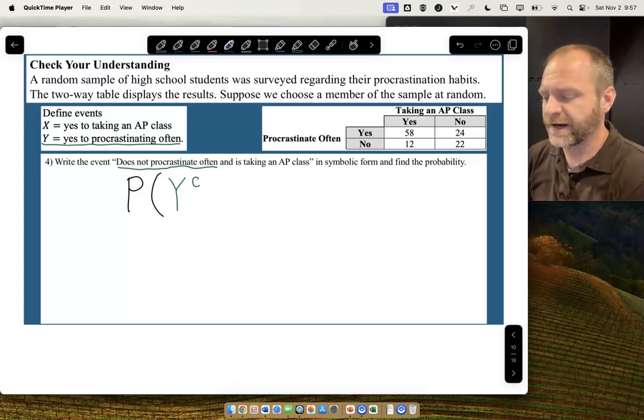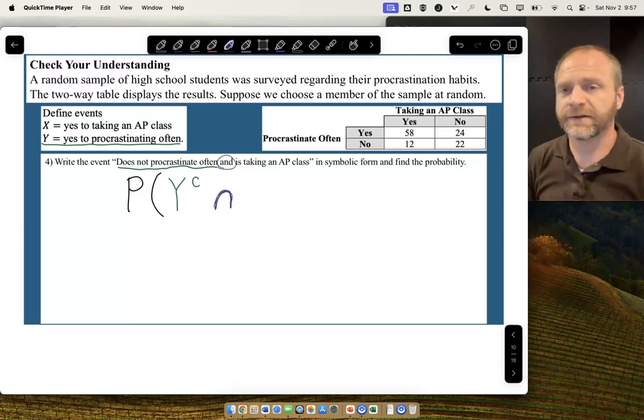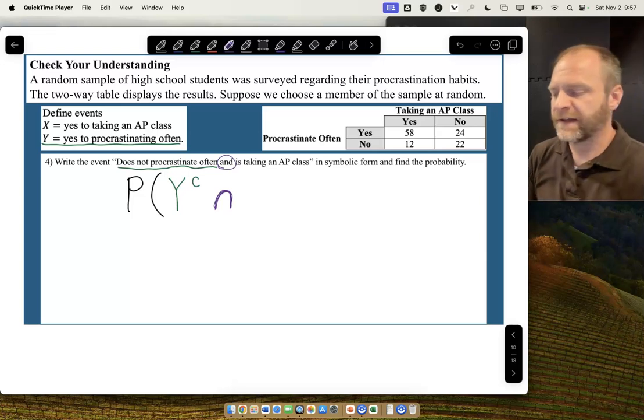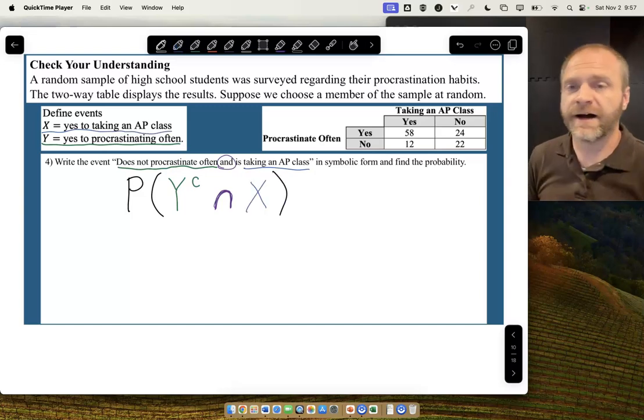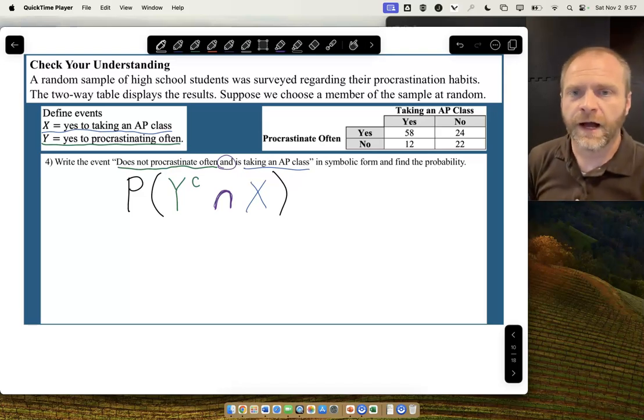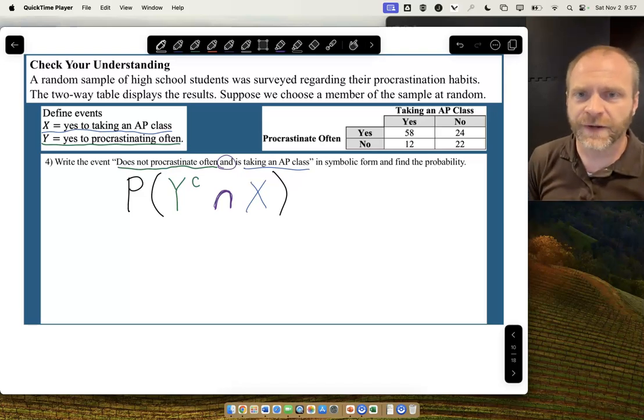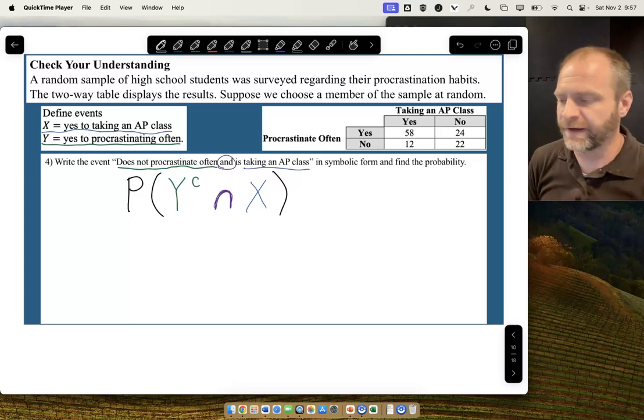Then it says right here, "and." Well, that means I want to look at the intersection. So there's my symbolic form, is taking an AP class. So taking an AP class is X. So there is my symbolic form. Now find the probability. So I want the probability of Y complement.